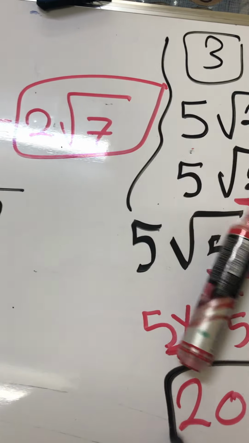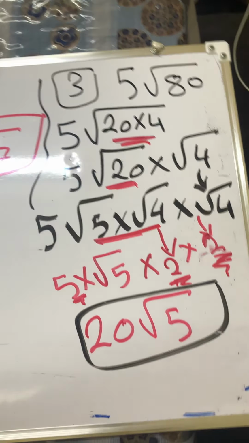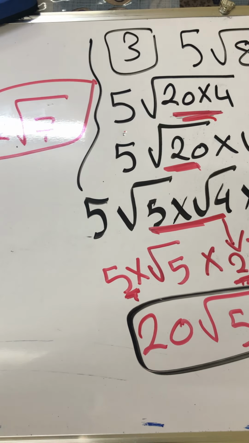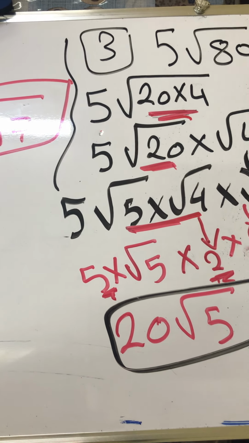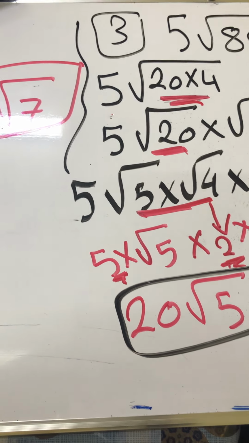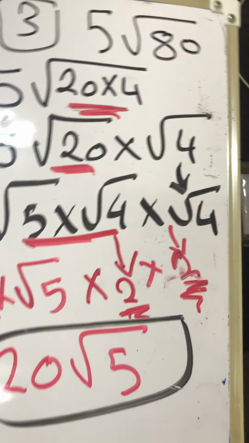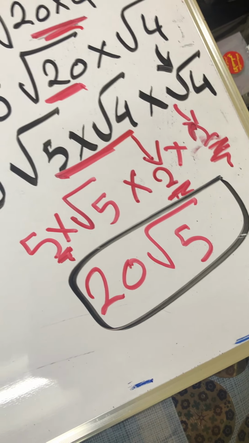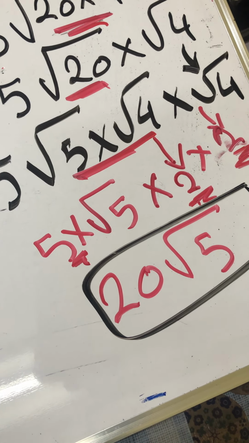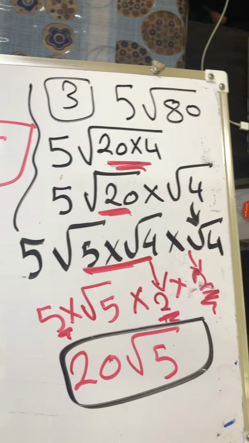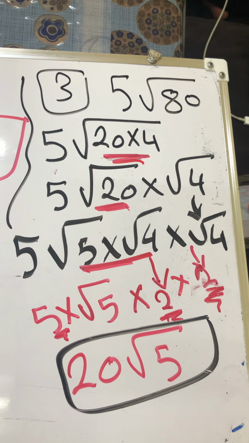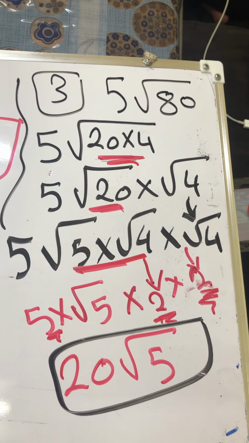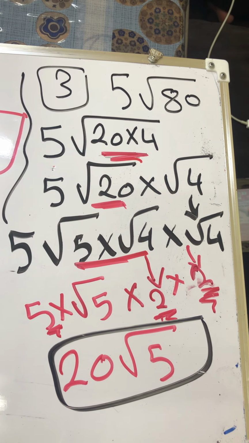So in question number 3, exercise 3 star, 5 square root of 80, the final answer is 20 square root of 5.